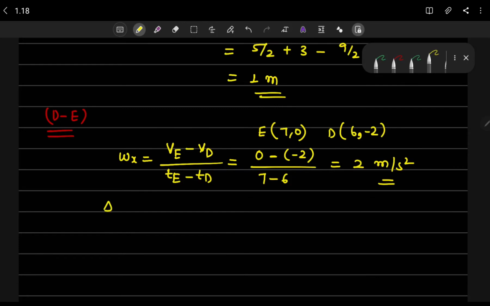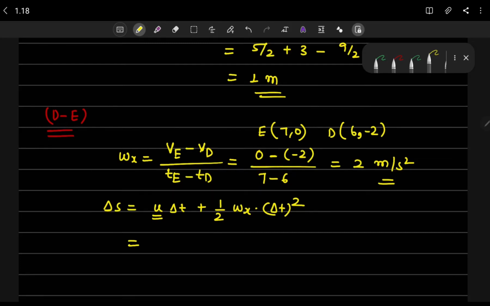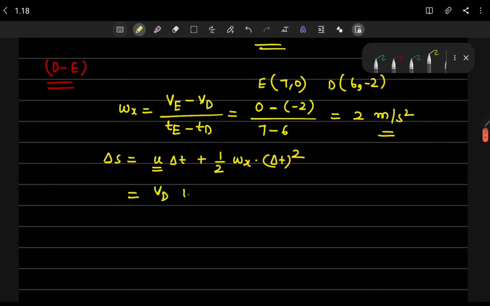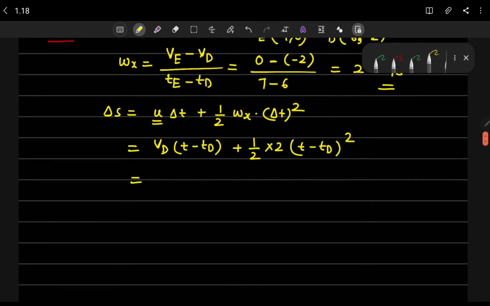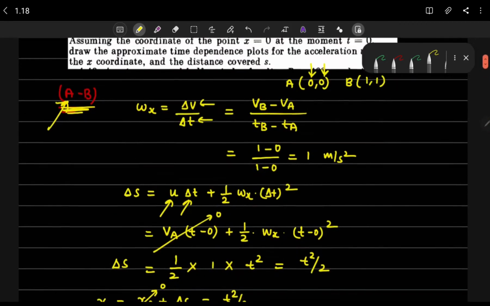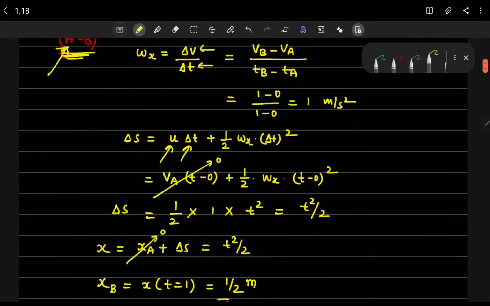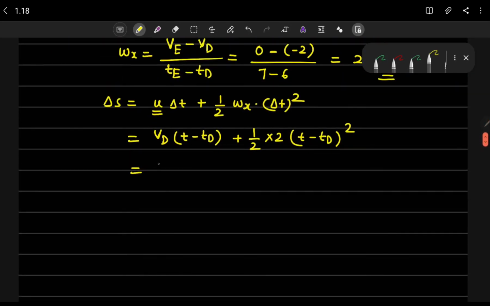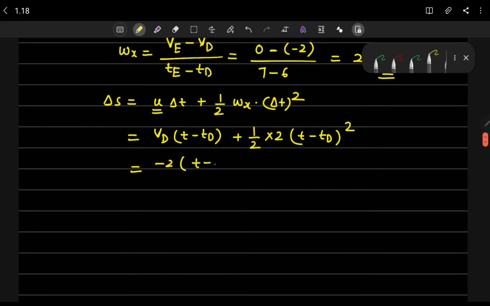And if we write the displacement, we get u into delta t plus half into a into delta t whole square. u is the initial velocity, that is velocity at point D, into t minus td plus half into a, which is 2, and t minus td whole square. Velocity at point D, from the graph, is minus 2 meter per second, and td is 6.